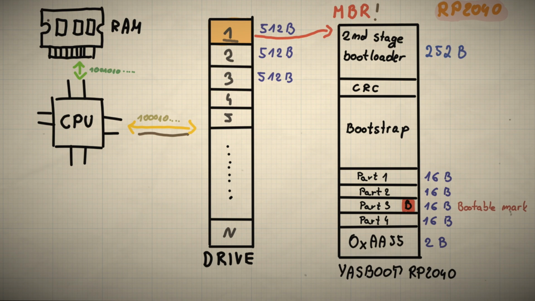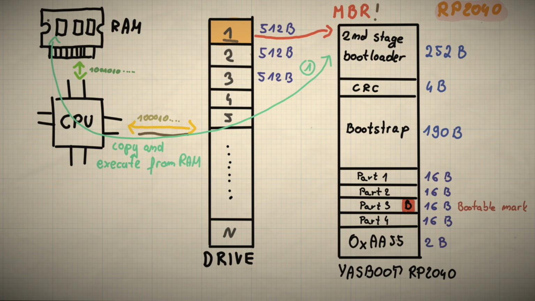So we have a second stage bootloader with 252 bytes, followed by 4 bytes of checksum and 190 bytes of bootstrap code. The RP2040 bootloader embedded into the core copies those 256 bytes of the first sector from the drive to RAM memory and runs it if the checksum matches.